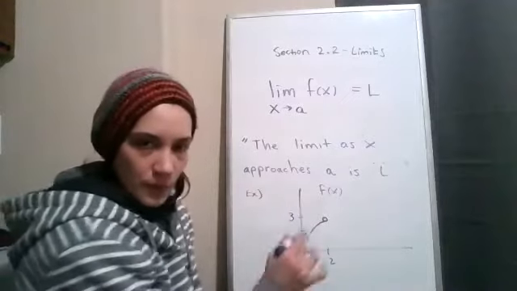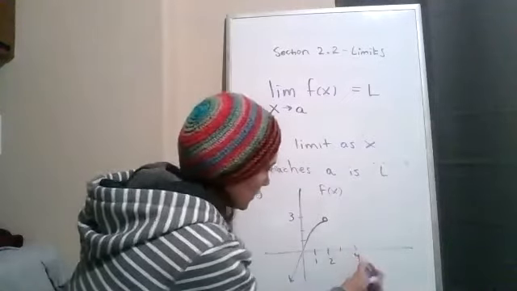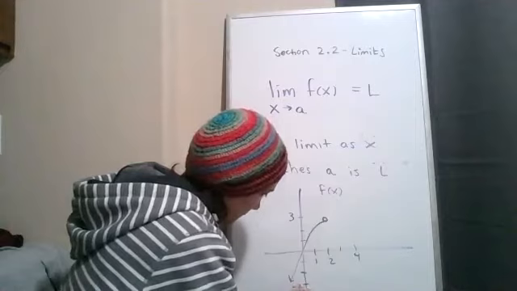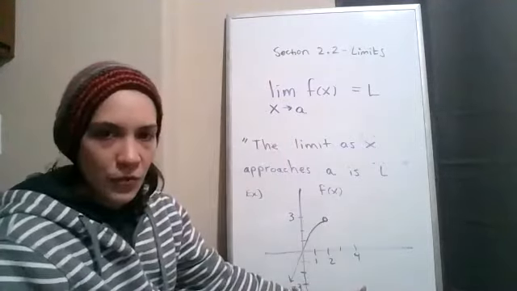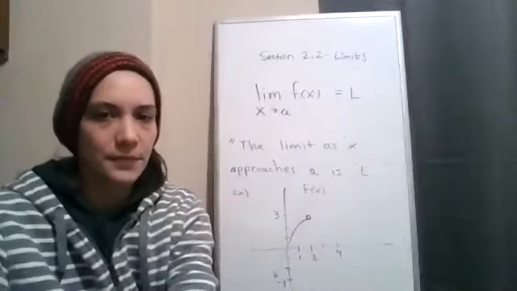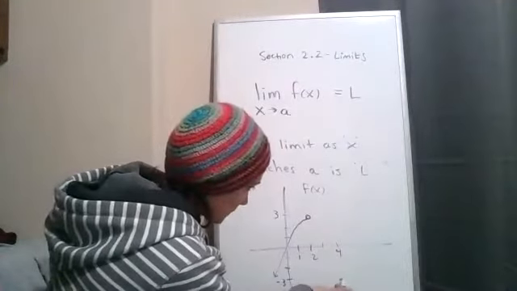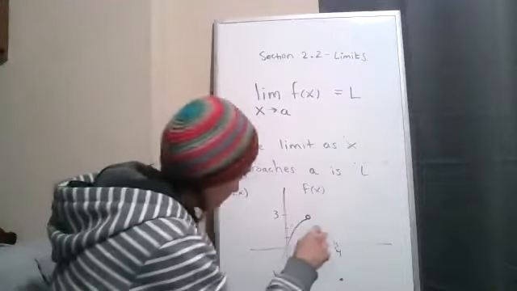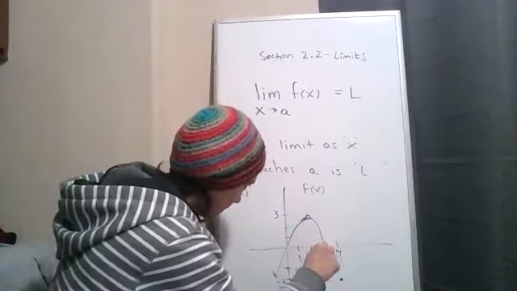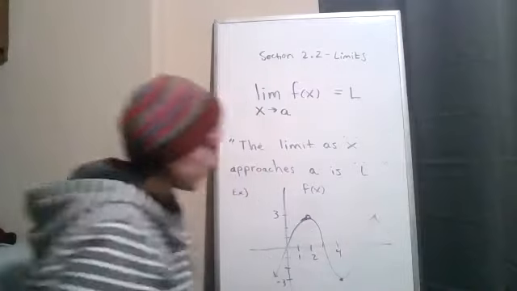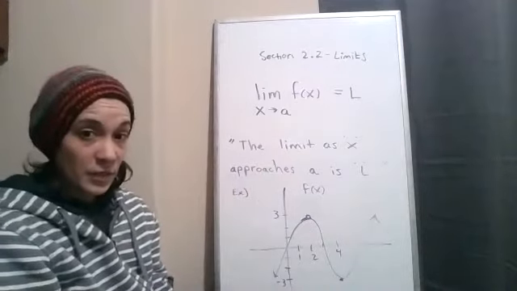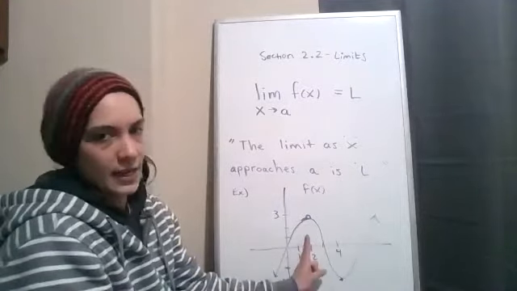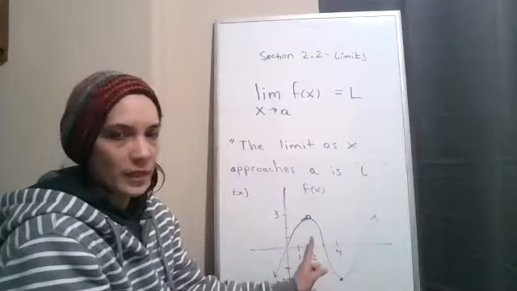And then I put a mark at 4, and I had my function go through the point 4, negative 3, and then come back up. The last part of this function is to plot an output for 2 as 1. So the input 2 has an output 1 right there.